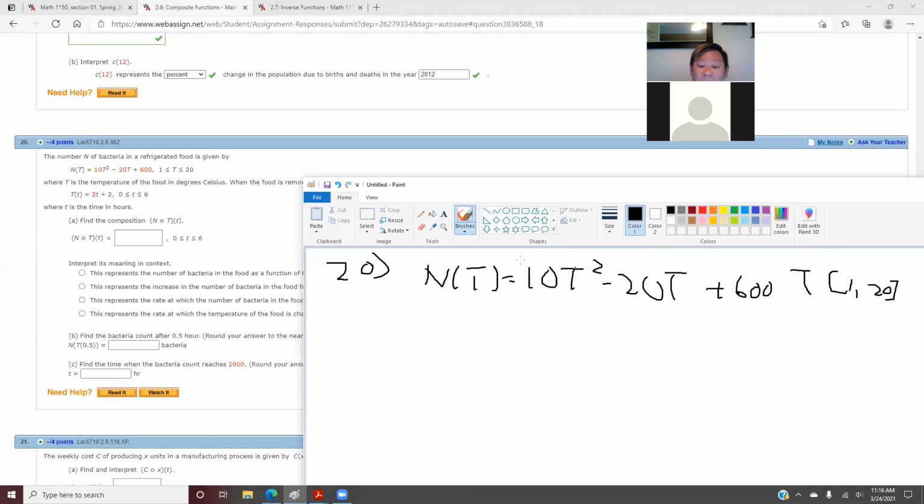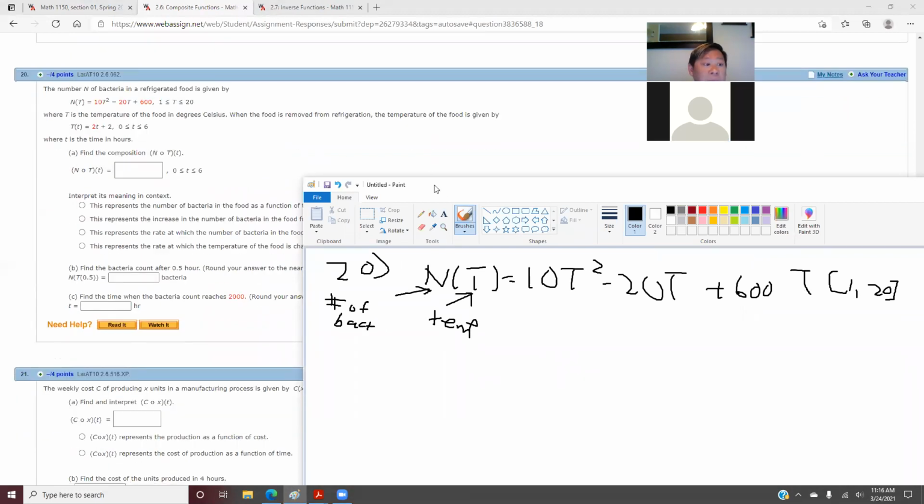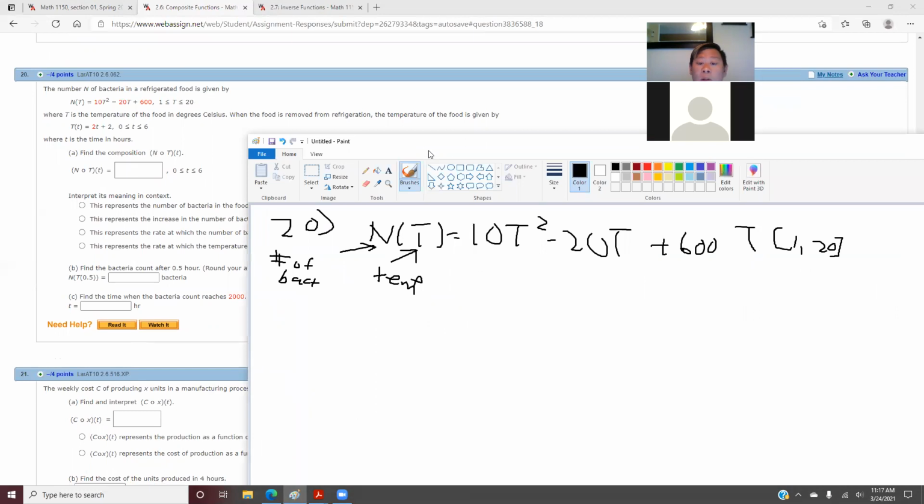Now, what does this T stand for? What does this capital N stand for? The capital N stands for the number of bacteria, and this capital T stands for the temperature in your refrigerator. And when you put food in the refrigerator, the temperature T corresponds to time, given by T(t) = 2t plus 2, where t in this case is between 0 and 6.